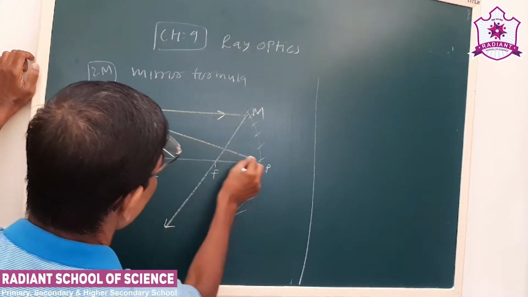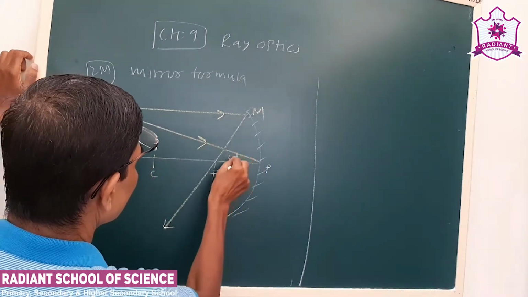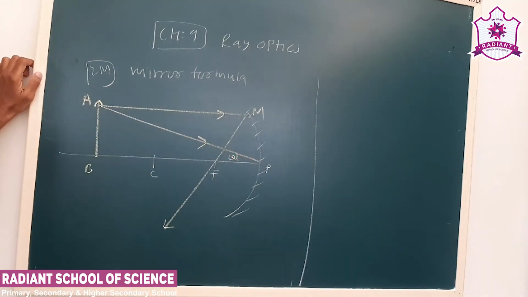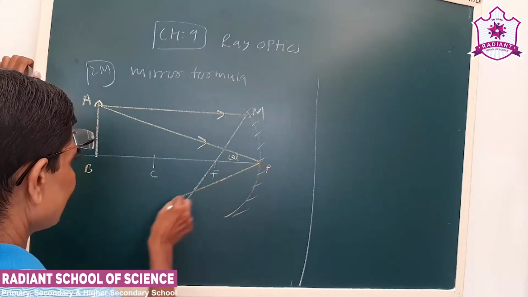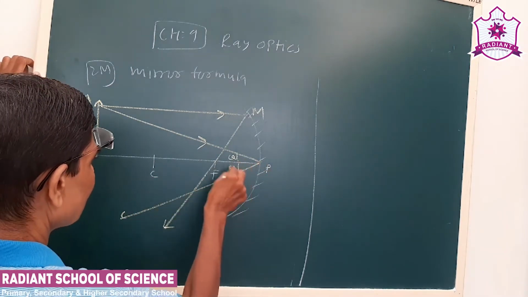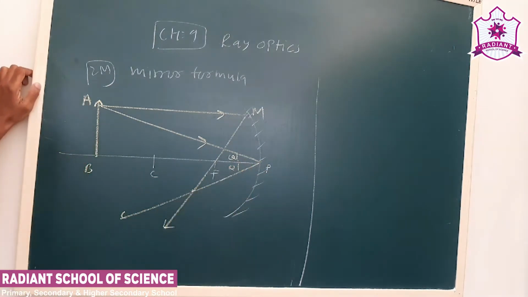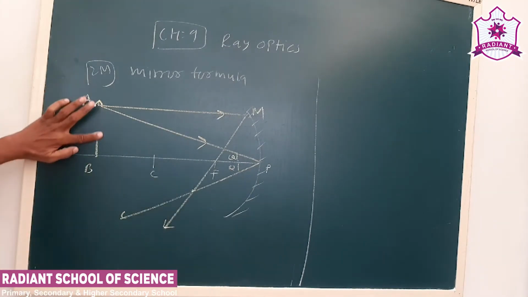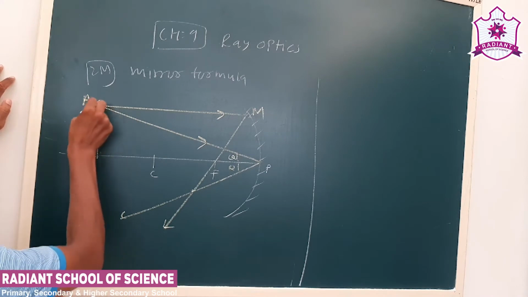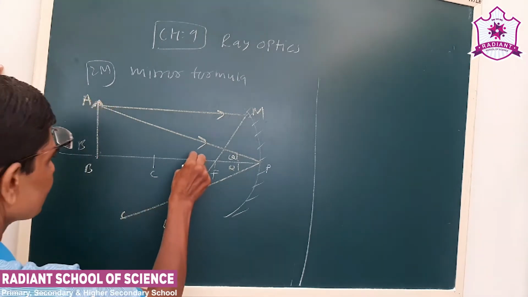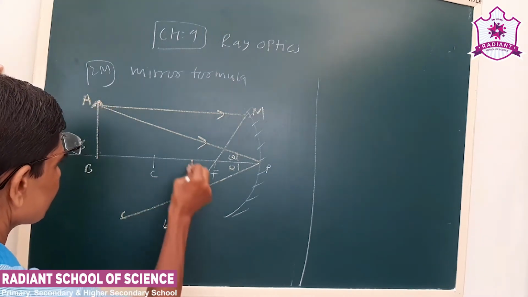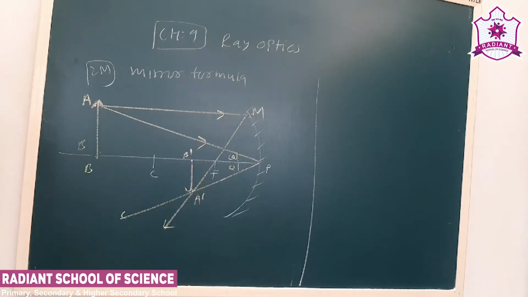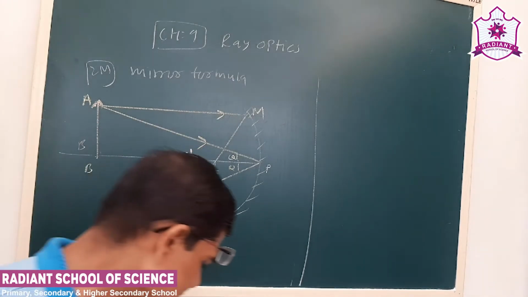The ray is incident at angle theta here. This is the incident ray. The reflected ray also will make the same angle. This is where the two rays meet. Let us say AB is the object, A dash B dash is the image.